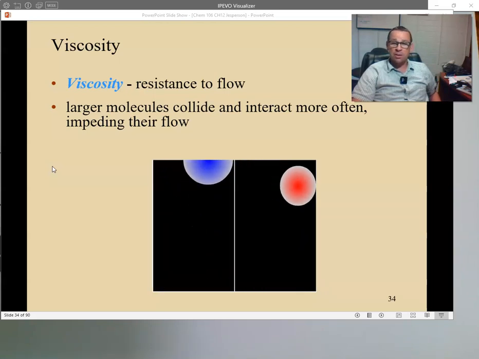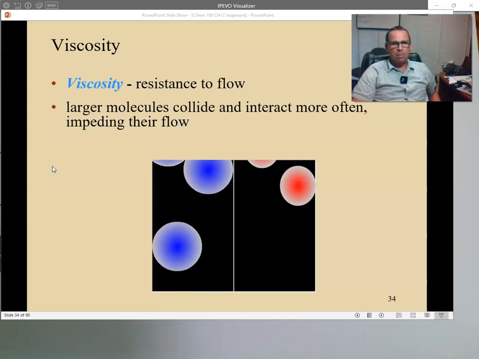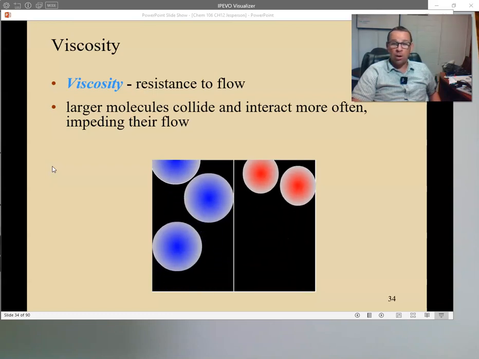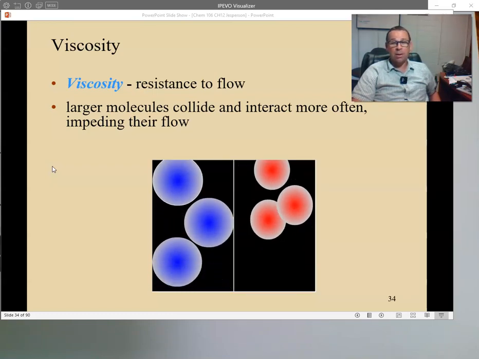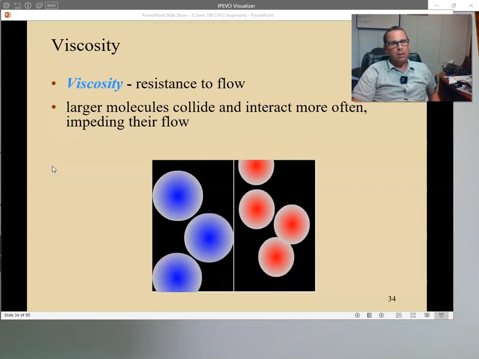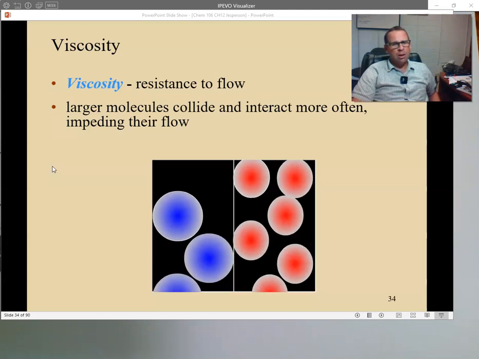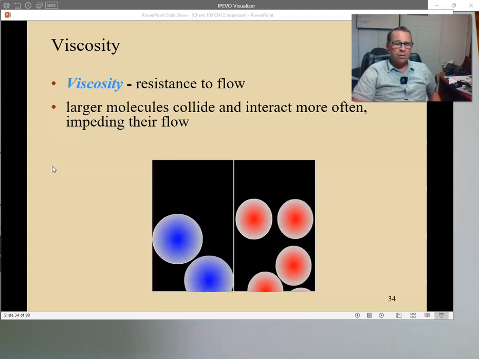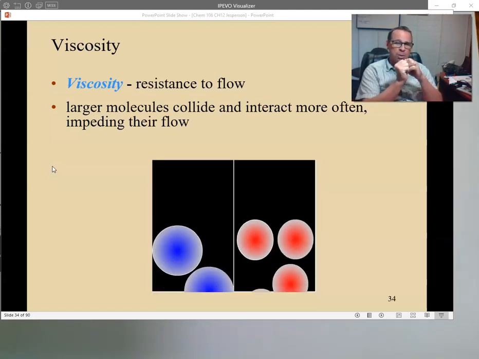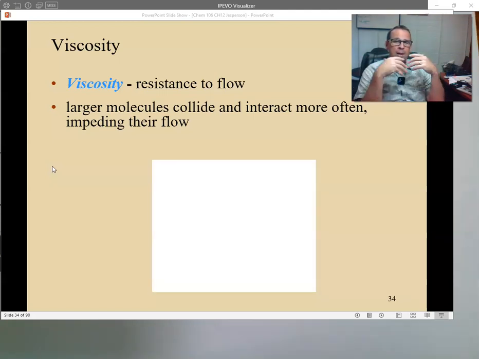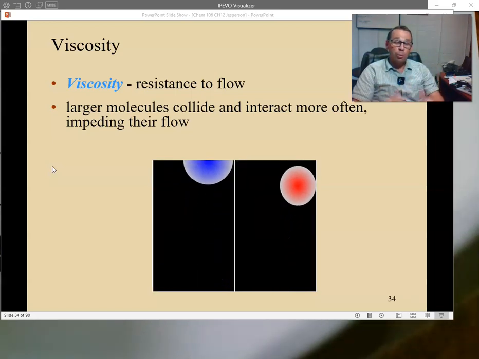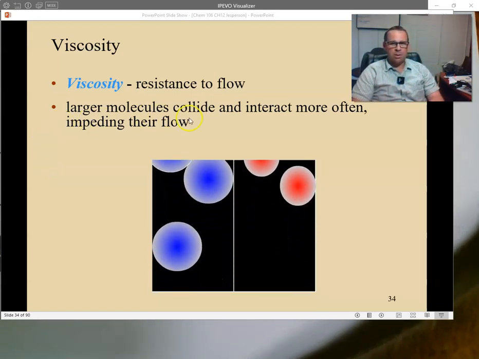Water is less viscous than honey. Compounds like alcohol are actually less viscous than water. So the stronger the intermolecular forces are between molecules, the greater the viscosity in the compound.